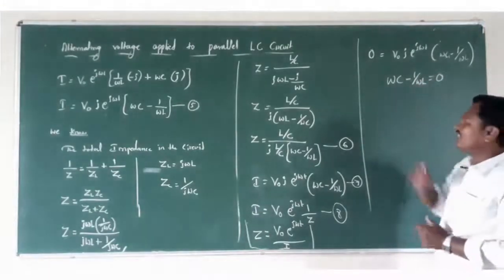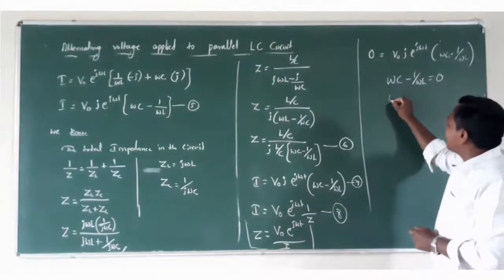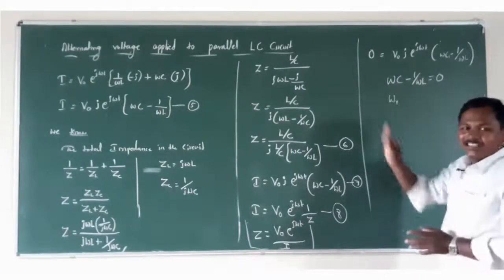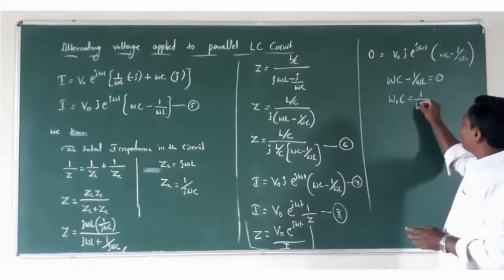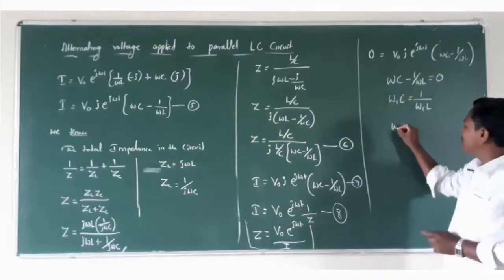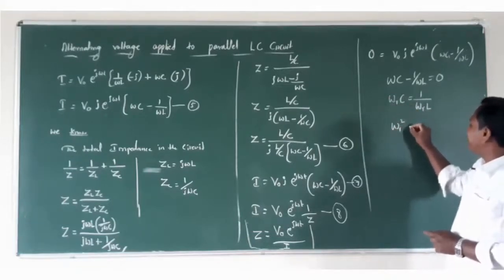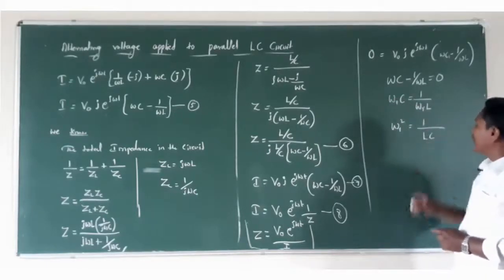So, at a resonant circuit, we can represent omega as omega r, because at resonance omega r C is equal to 1 divided by omega r into L. Therefore, cross multiplying this, omega r square is equal to 1 divided by LC.